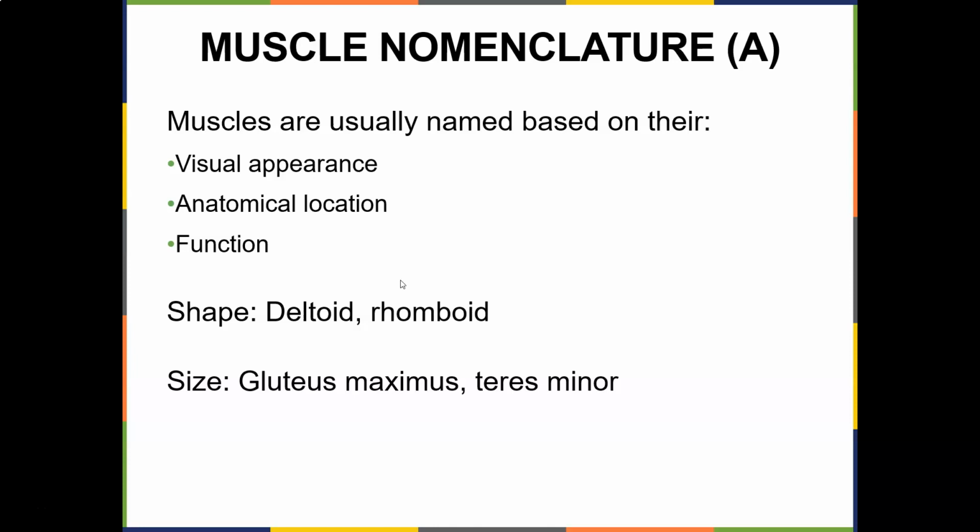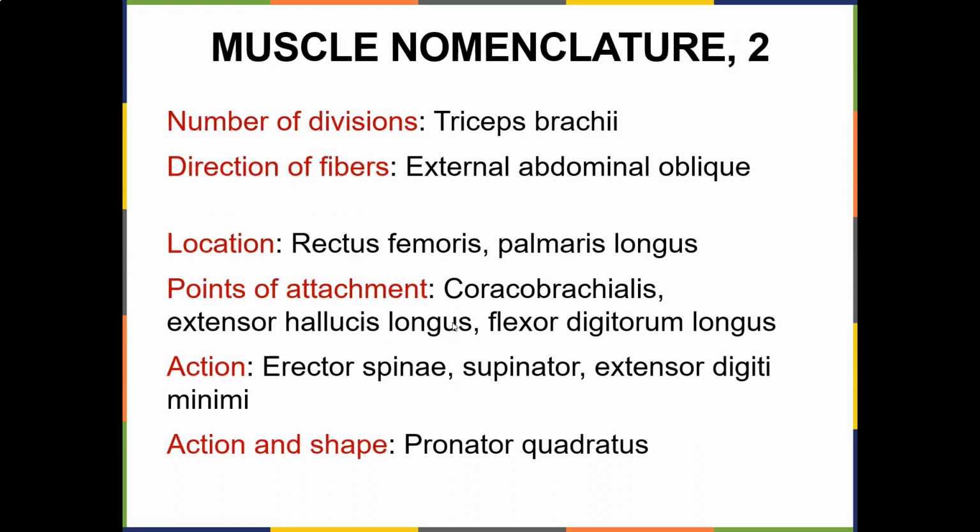So instead of just memorizing the muscle, memorize the name of it and why it's named or why it looks the way it looks, and you'll have an easier time remembering this stuff. The number of divisions, remember triceps brachii, that means it has 3 heads. Biceps brachii has 2 heads, brachii meaning arms, so triceps, 3 heads in the arm, biceps brachii, 2 heads in the arm.